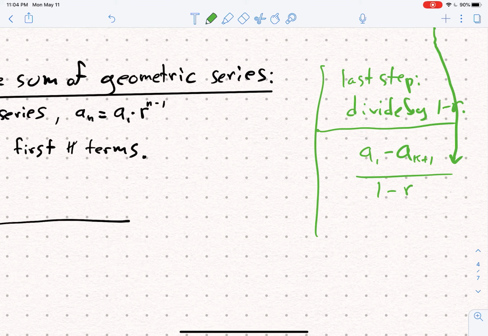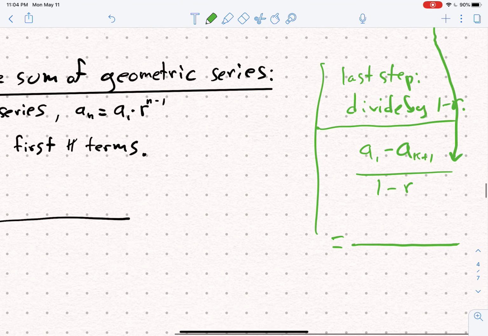So let's go ahead and simplify. We've got a very nice looking formula. We're now just going to make it a little prettier. A1 minus, and substituting, a(k+1) was equal to a1 times r to the k, and that's all over 1 minus r. The last thing we're going to do is notice that on the top we have a common factor, a1.